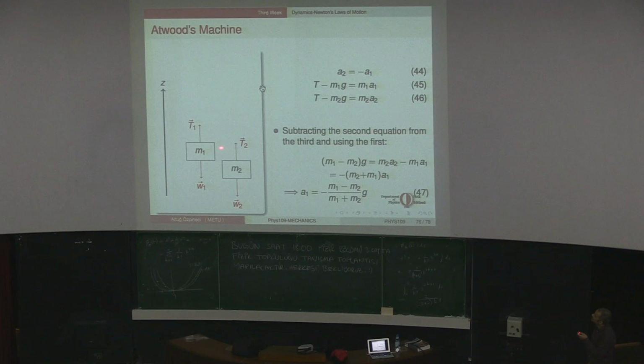But this number a1 over here is the component of the acceleration of the first mass along the z direction. So if m1 accelerates downwards, it means that a1 should be negative. If m1 is very large, you can neglect m2. If you neglect m2, m1 divided by m1 gives you 1. So a1 is just minus g. That is, the first mass is accelerating downwards. Well, that's again what you expected.